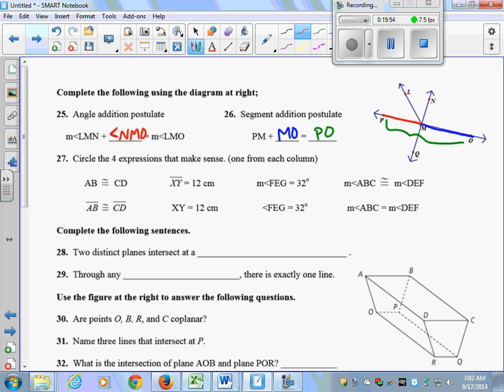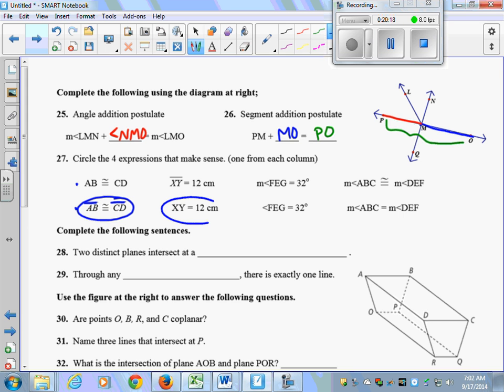Circle the 4 expressions that make sense, one from each column. If we have the choice between these two expressions, this is going to be the correct one because we have a congruence symbol, and you must have the marks over the segments. XY equals 12.